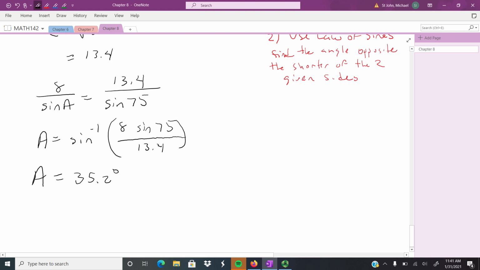And then, of course, we could find angle B, because angle B is going to be 180 minus the other two. And angle B is 69.8 degrees.